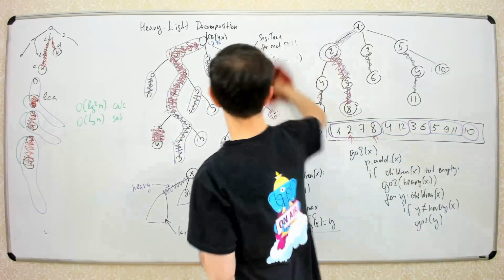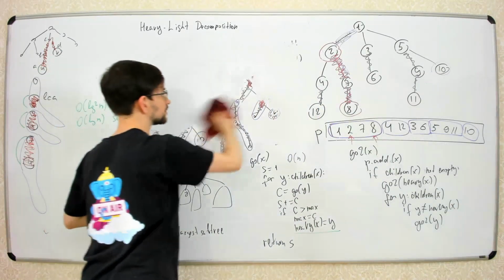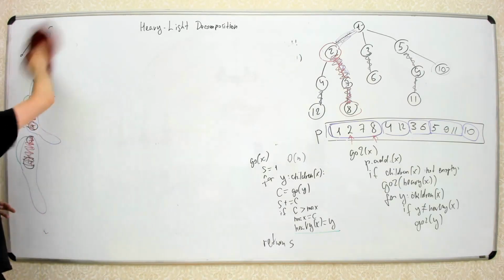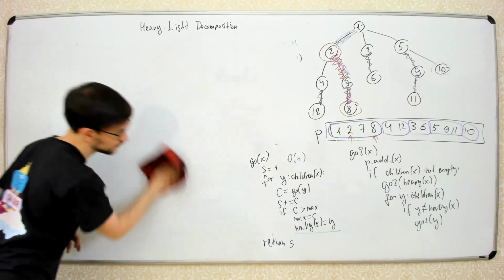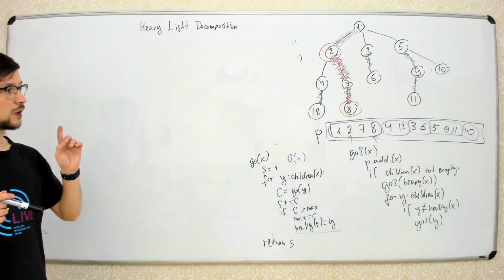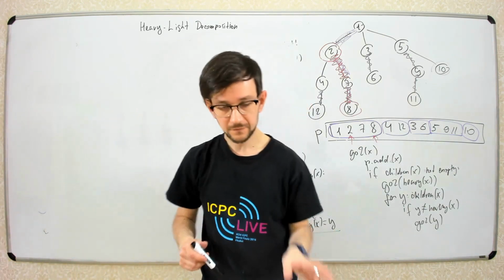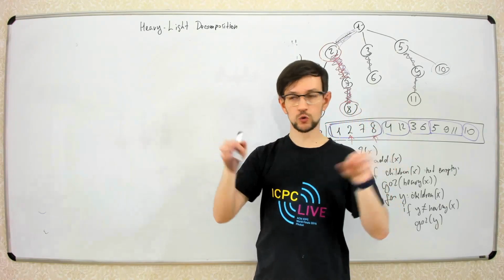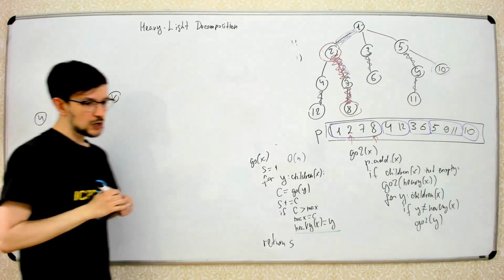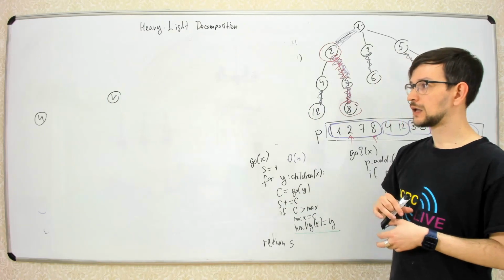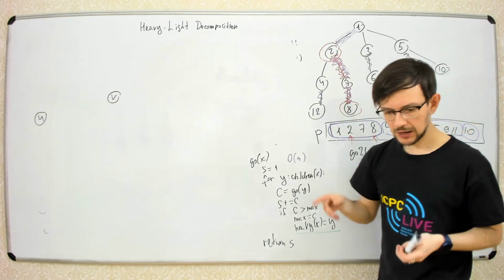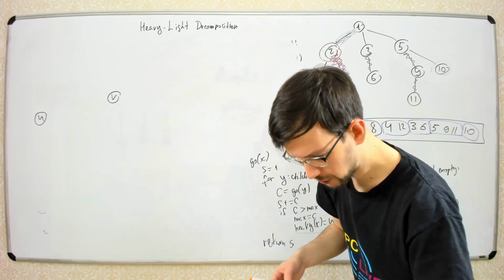Let's do it like this. What's the plan? You have two nodes, node U and node V. Let's look at the heavy paths which contain node U and node V. Each heavy path can be simply associated to the top node of it.